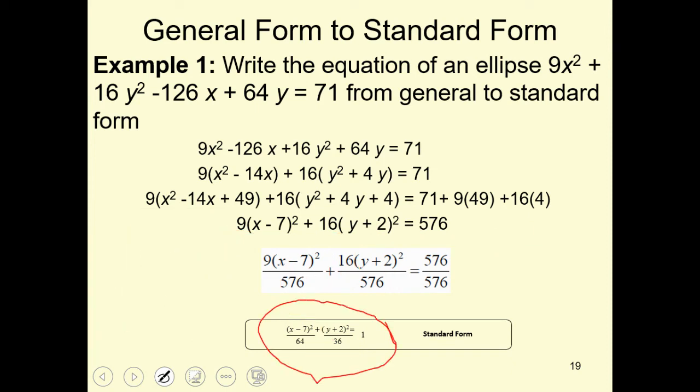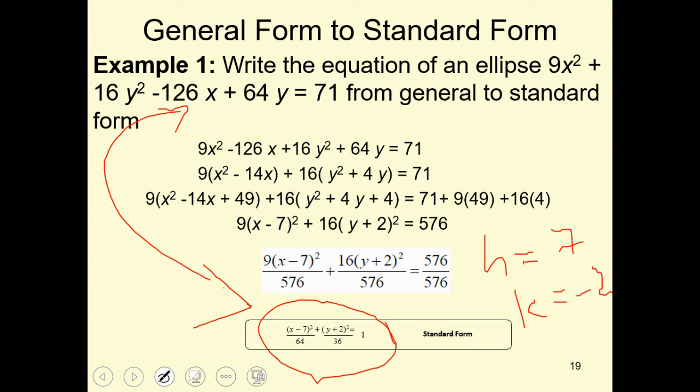By just completing the square from general form, nahimo na siya og standard form. Okay? So makita na nato nga ang atong H and K is 7 and your K is negative 2 by just looking at your standard equation. Okay? So wala ang isang center.